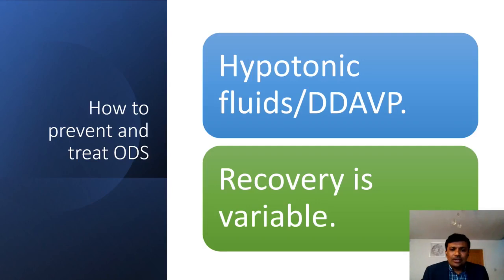There is still good evidence that if you reverse the correction rate quickly enough, you can prevent or even reverse the progression of the osmotic demyelination syndrome. Unfortunately, recovery is quite variable depending on the initial sodium and how much damage has happened to the brain.